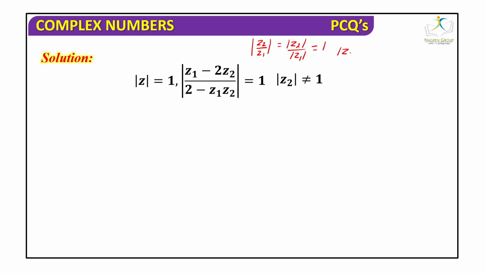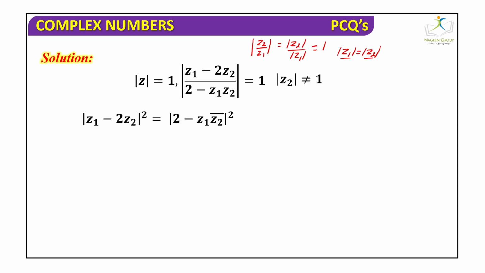Now from here we can say modulus of numerator equals modulus of denominator. So |z1 - 2z2| squared is equal to |2 - z1 z2 bar| squared, right? If moduli are equal then their squares are also equal. From here we apply the formula.